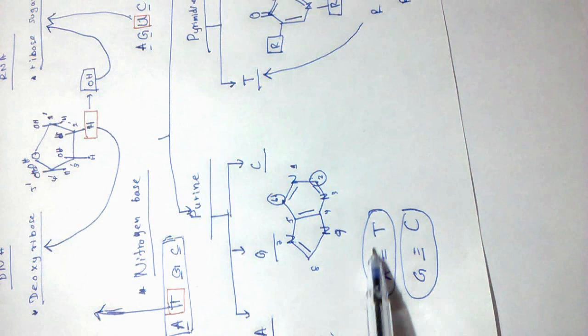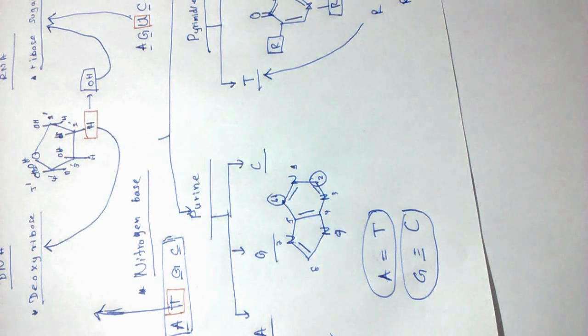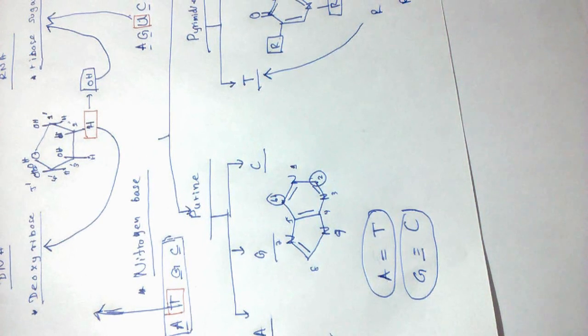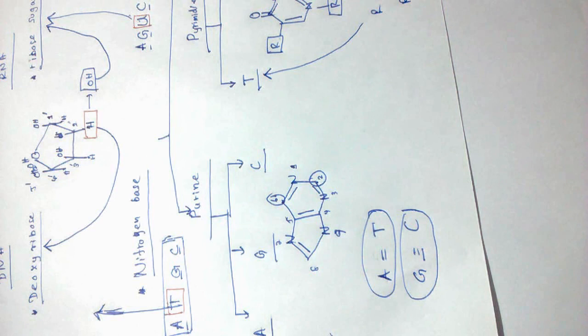So, one double bond and one triple bond between adenine and thymine, and guanine and cytosine. So, the attachment of a phosphate group to carbon 5 is called a nucleotide.